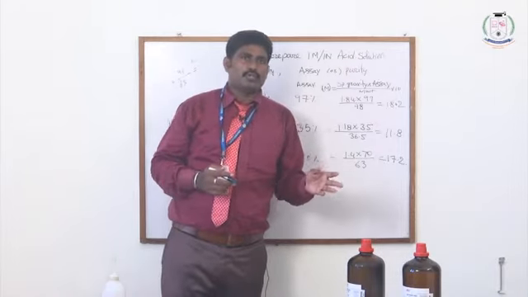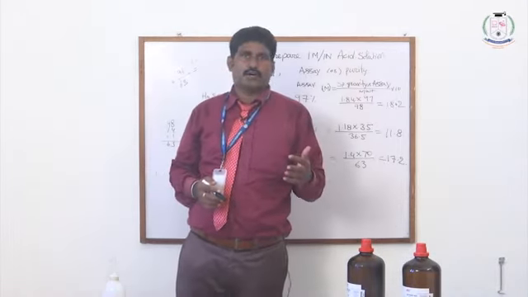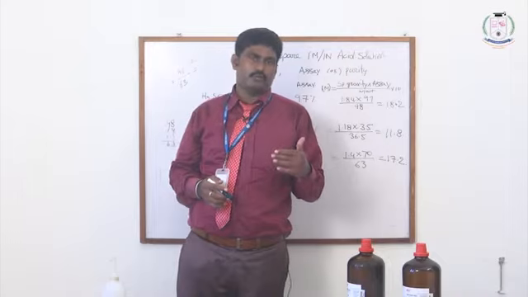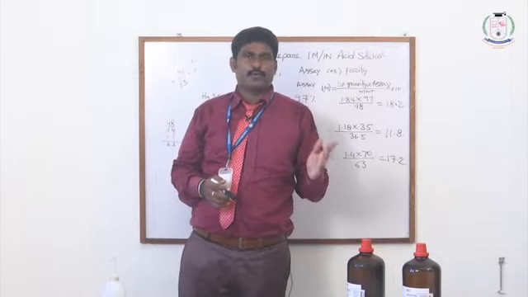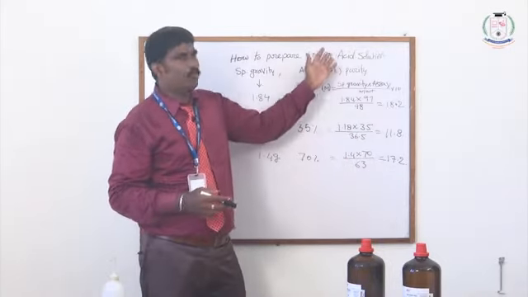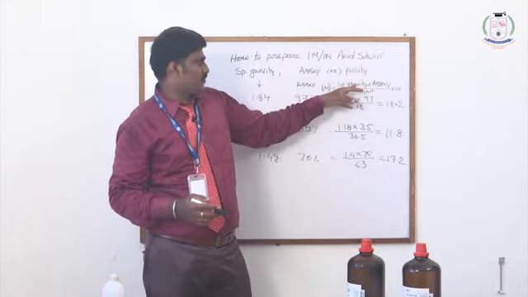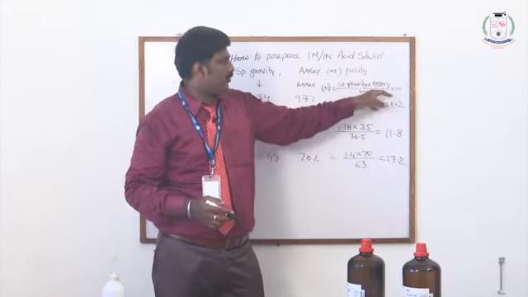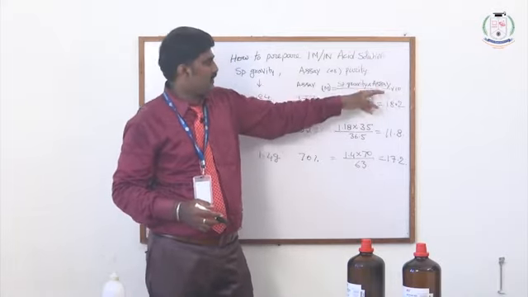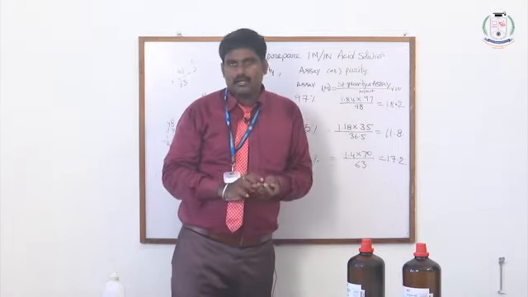For any solution, such as formaldehyde or ammonia or any commercially available chemicals, if you want to find out the concentration in molarity or in normality, this is the formula: specific gravity into assay by molecular weight into 10. You will be getting the concentration in normality.